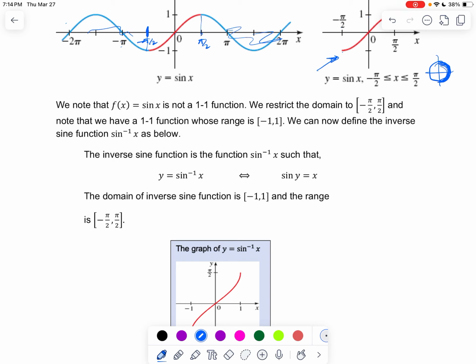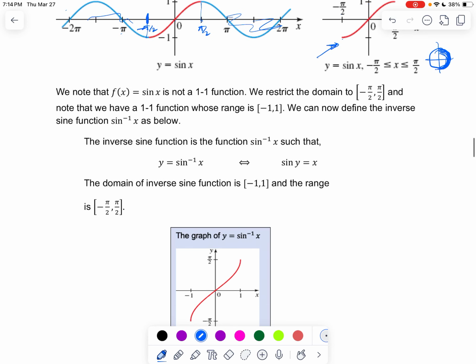When we are looking at the sine, we are looking at this region. So now we can define the sine inverse function. We can call it sine inverse or inverse sine.